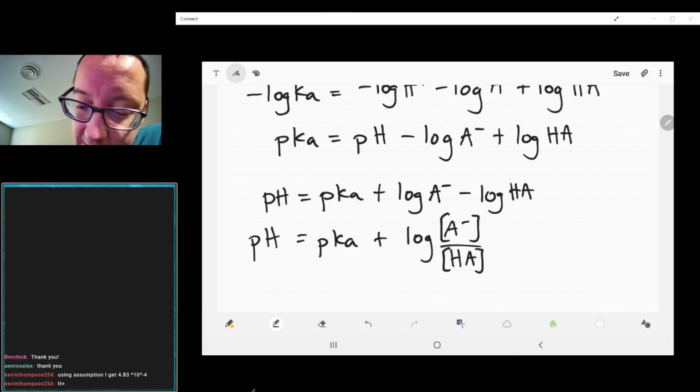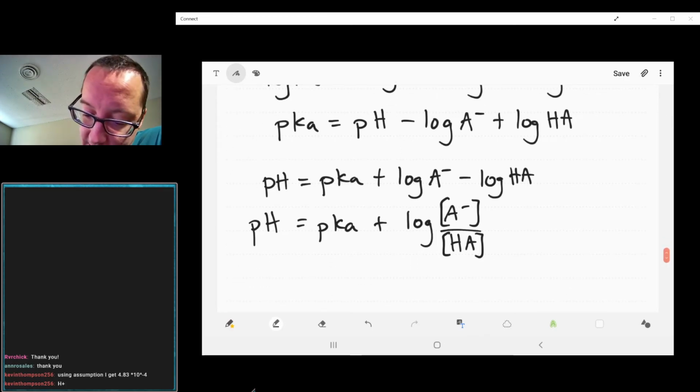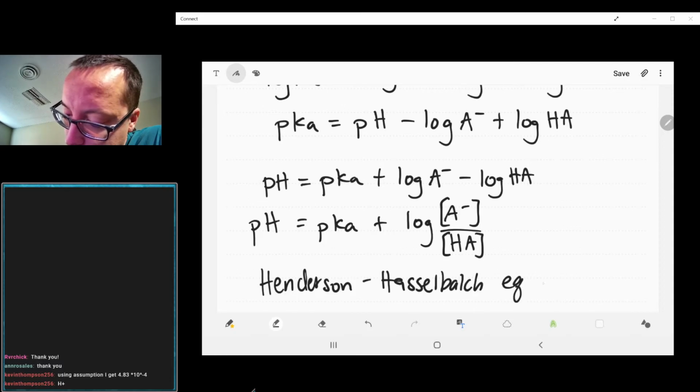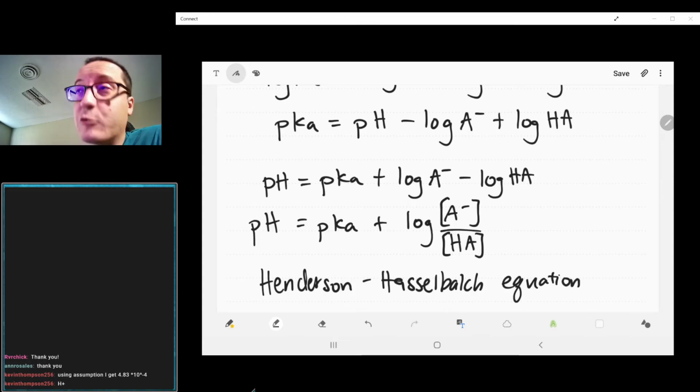If we do this, we can figure out the pH of a buffer solution by just looking at this directly. This is called the Henderson-Hasselbalch equation. You, of course, will not need to learn to spell that. But let's go ahead and evaluate this.